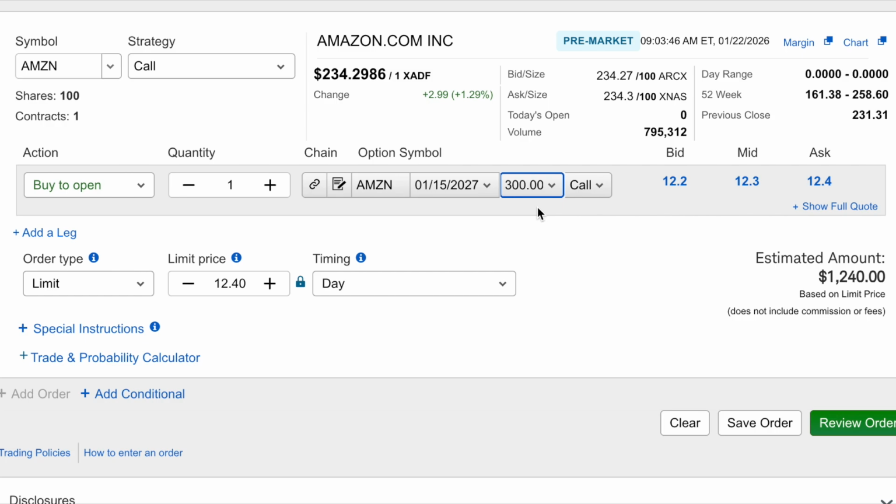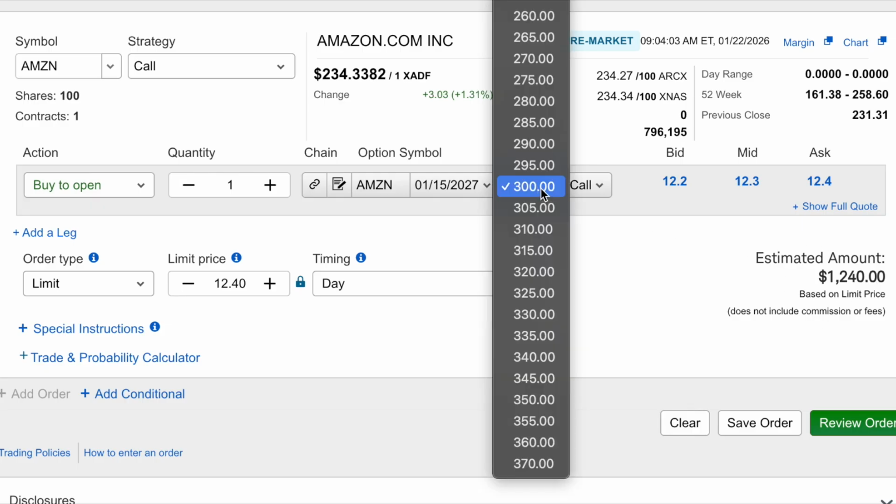And so options can have all time value, like this one here, because it's not yet above $300, but there's still a year left. So this option has value. It's got all time value. Now, what if we pick a strike price of, let's just say, 200?